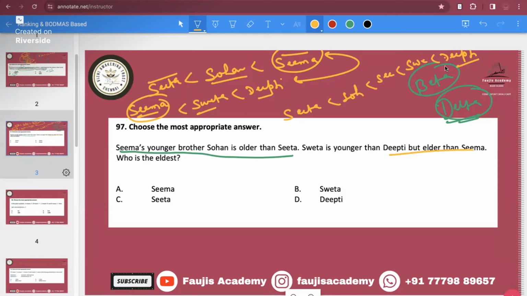Right. So which one is the correct option in that case? Who is the eldest, guys? Deepti, sir. Yeah. So we'll have to go ahead with D as the answer.